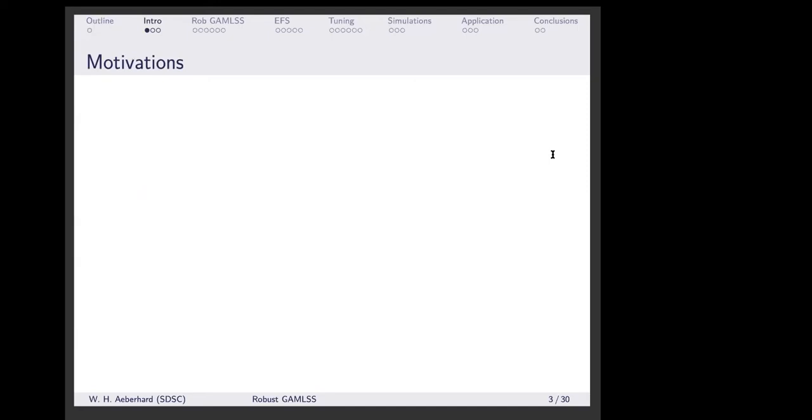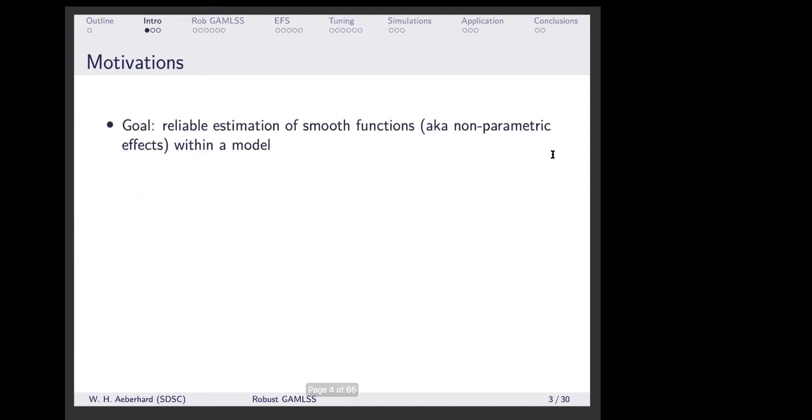So let me maybe start by stating the overarching goal here. The goal of this kind of work is to estimate smooth functions, also known as non-parametric effects or just nonlinear effects. So we are in the context where we have a response variable, which is the variable of interest, something we want to model. And we have other variables, which we will assume fixed, which I will just denote by covariates in a general sense.